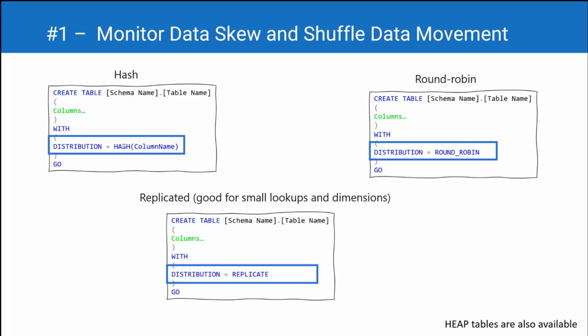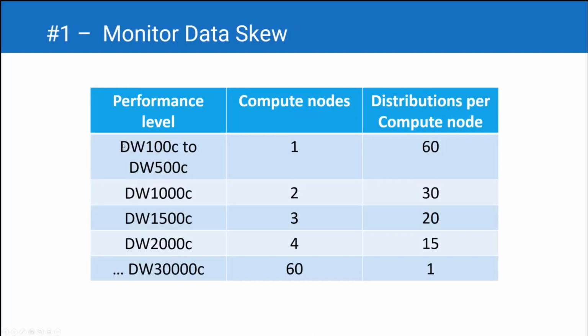And before we jump into the examples, also remember that with each tier performance level of Synapse Analytics, you get a different number of compute nodes. So depending on the number of data warehouse units, you're going to get a different number of compute nodes. So if you assign more power, you get more compute nodes, right?